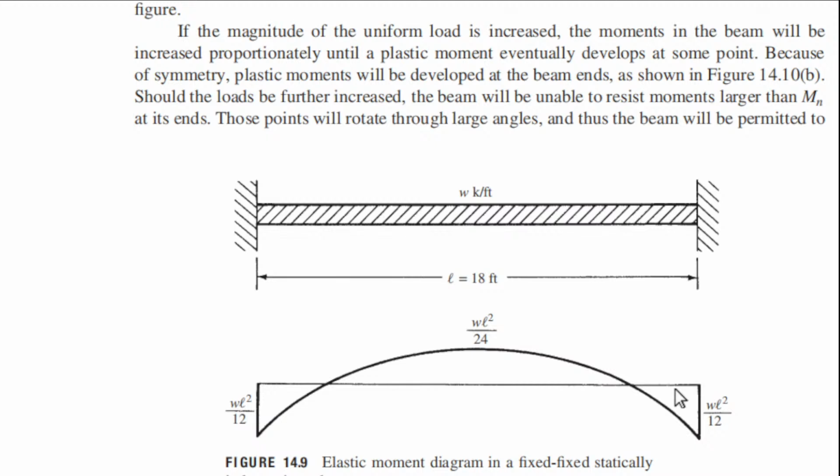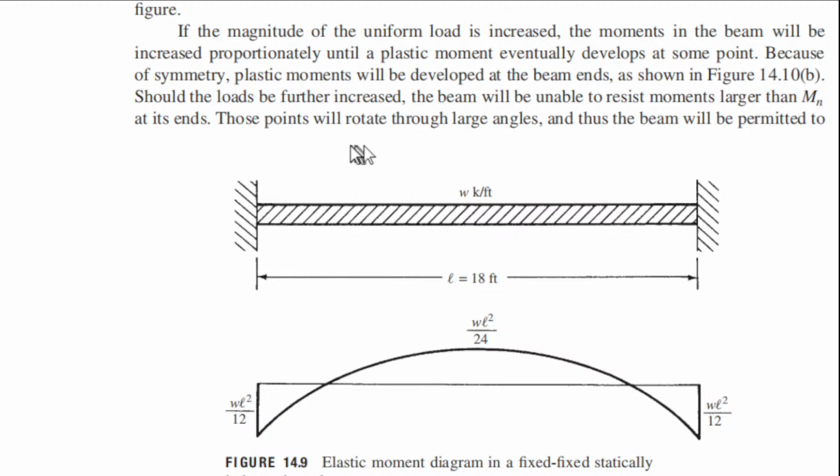The 8 will be redistributed on the other parts of this beam. How would it be redistributed? It is redistributed in this manner, in this curve. That is how it works.